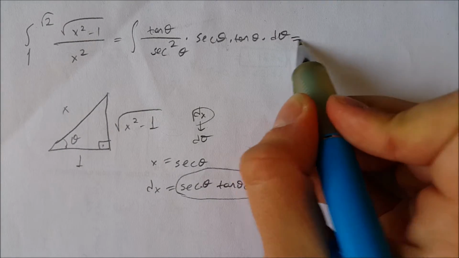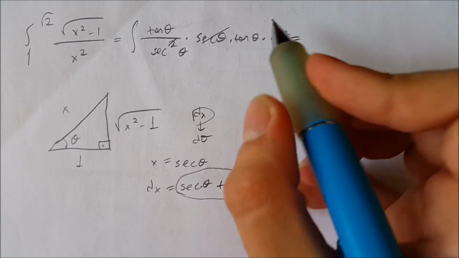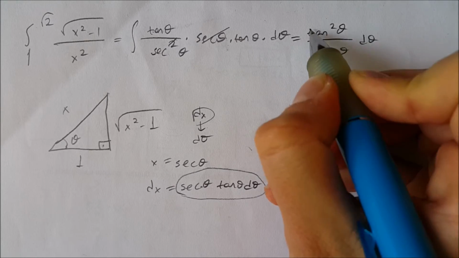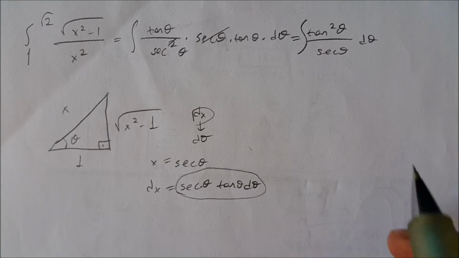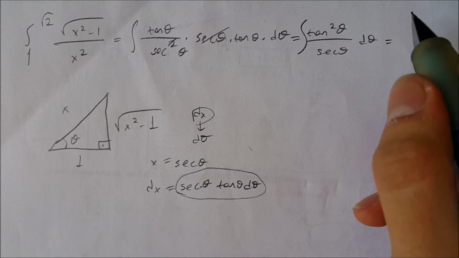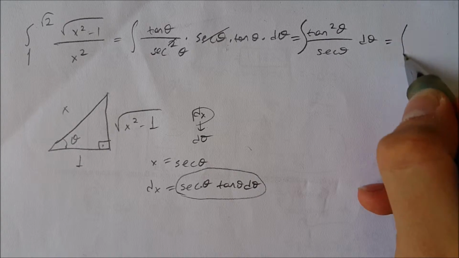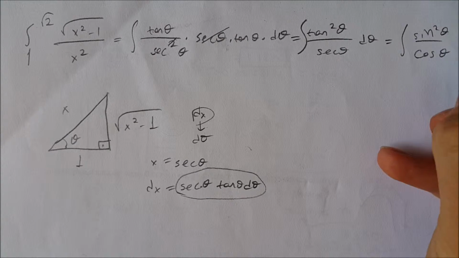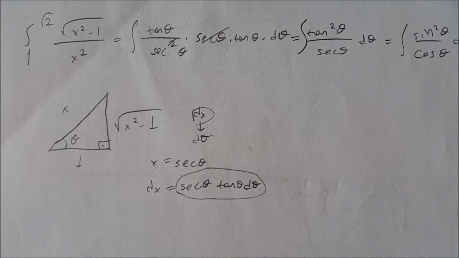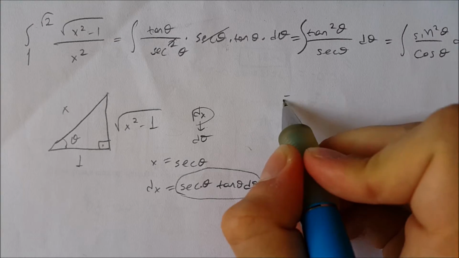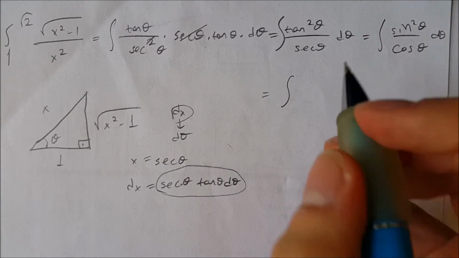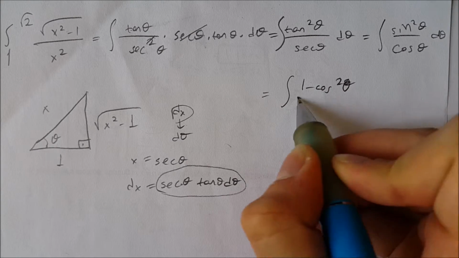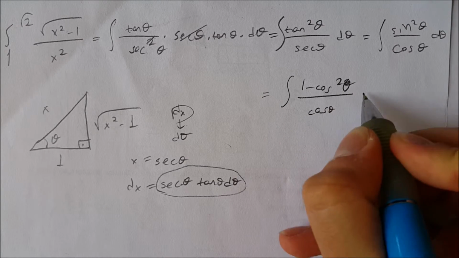And if we move forward with this equation, we can see that these cancel out and we get tangent squared theta over secant theta d theta, which is equal to, if you do the trigonometry, sine squared theta over cosine theta d theta. So then we can write sine squared as 1 minus cosine squared theta over cosine theta.